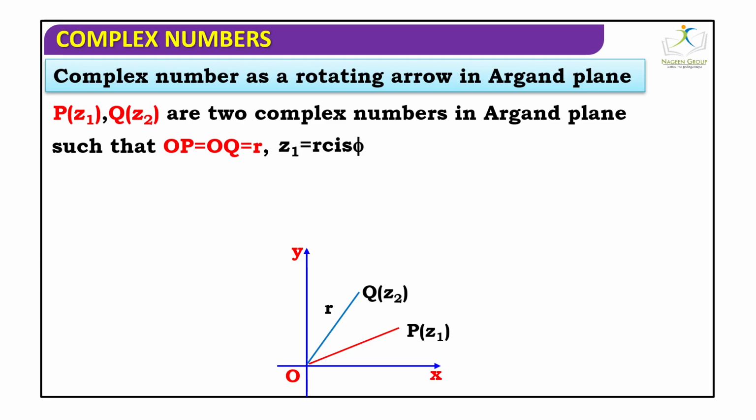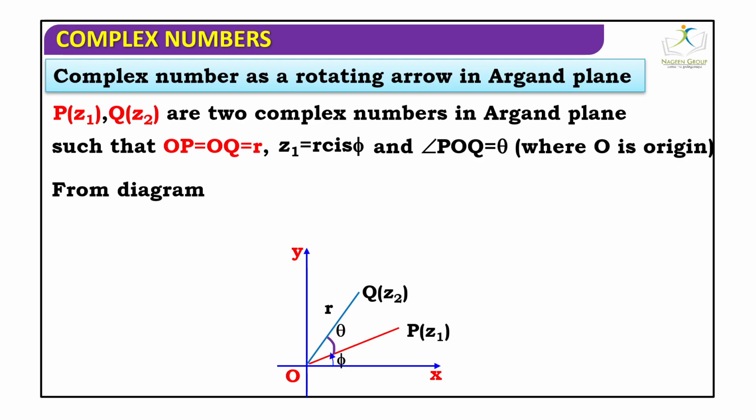Now Z1 is R cis phi, and for Z2 we are taking angle POQ equal to theta, with phi for the other, right? The angle between P and Q, this one POQ, is theta, and the angle of Z1 with the x-axis is phi.